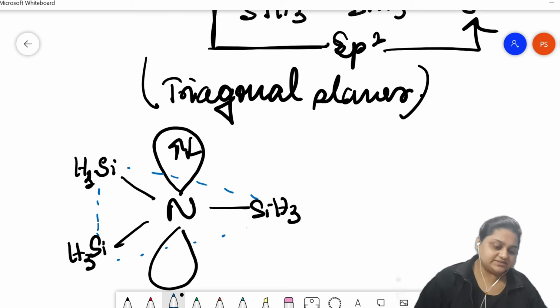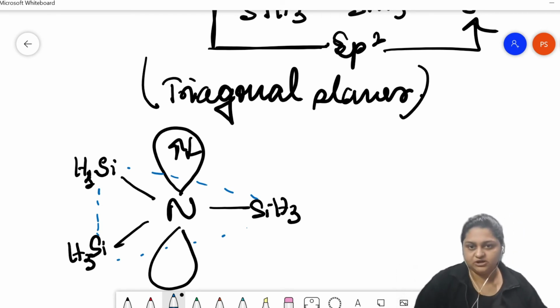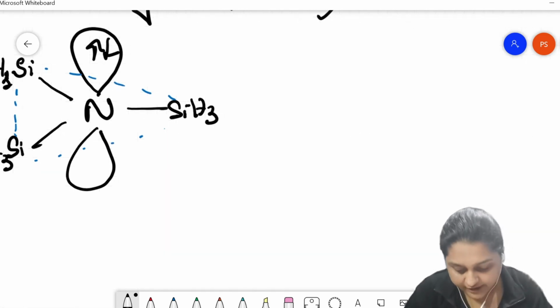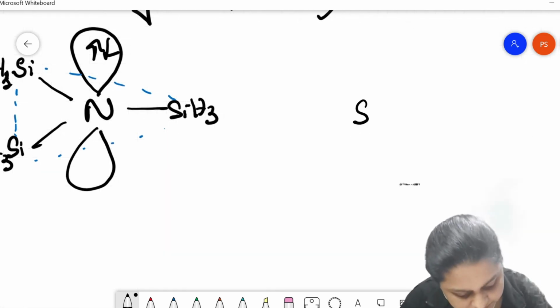Now, why this hybridization specifically is adopted by this particular molecule is because of the bond that occurs between the nitrogen and silicon atom.